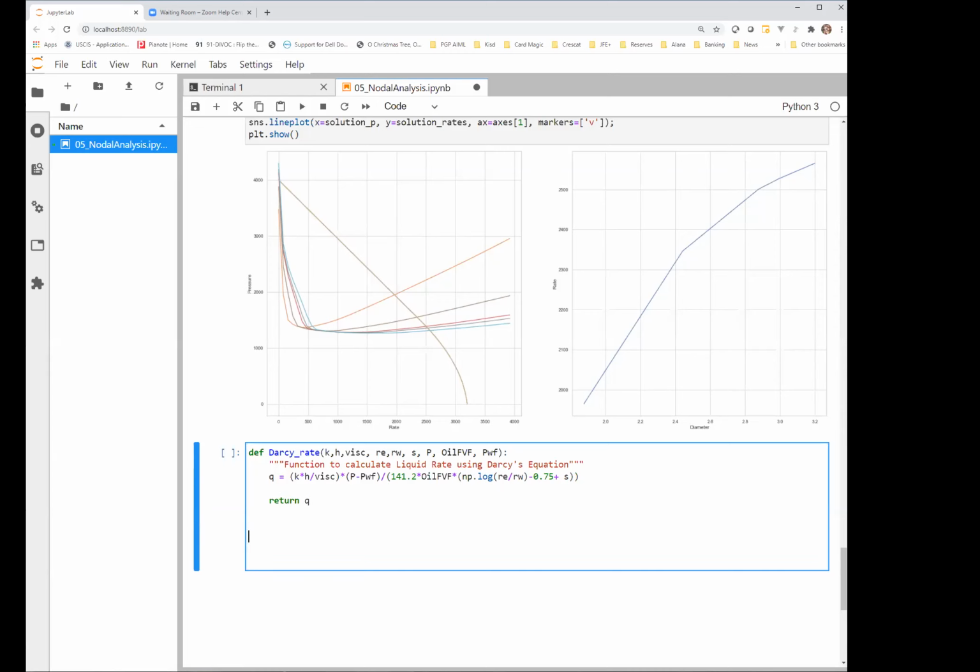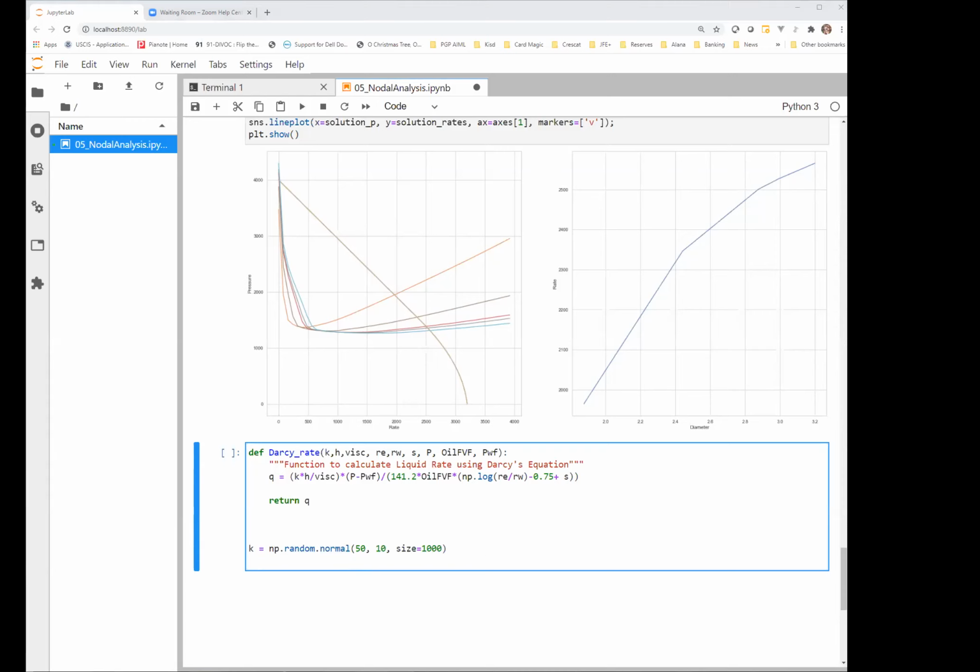Now, instead of having one value of permeability, let's assume that I have a distribution, okay? So I have my permeability, which is a NumPy array. I have a random variable with a normal distribution. The mean of this value is 50, the standard deviation is 10, and I have a sampling of 1,000 values, right?